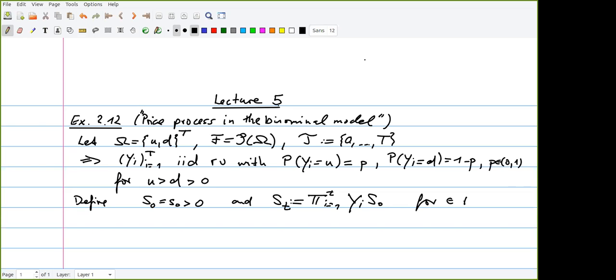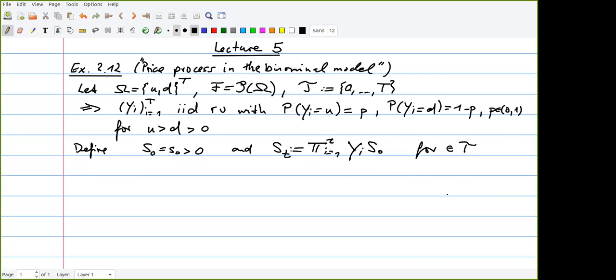Right. So how does the price look like here? Let's just change the color. We start with the price S_0. Then we go either up or down. So this is t equal to 1, with U times S_0 or D times S_0, right?